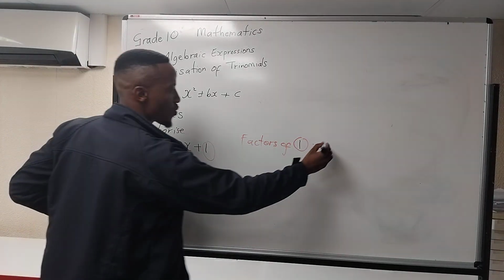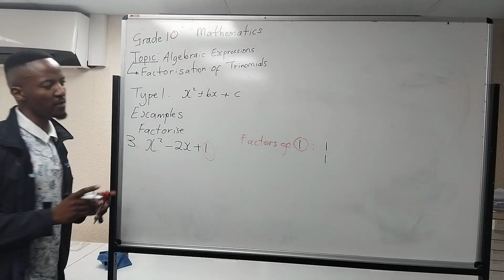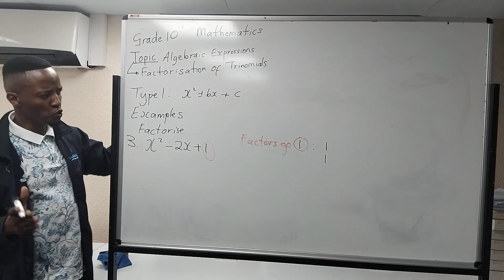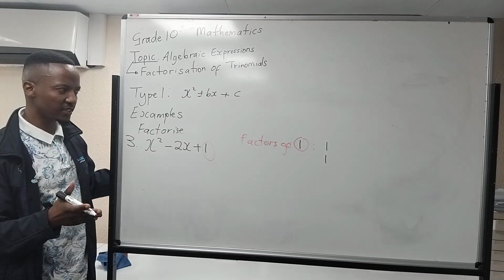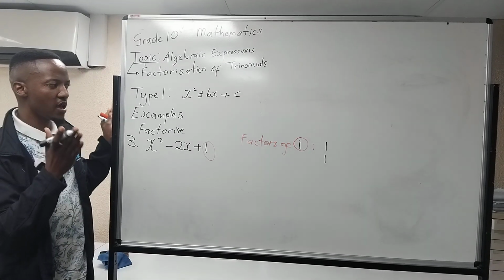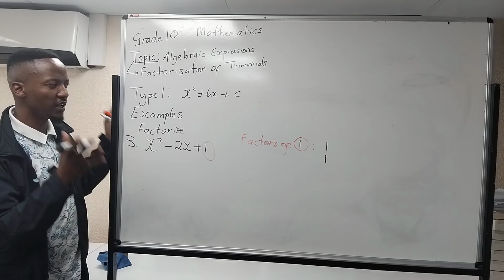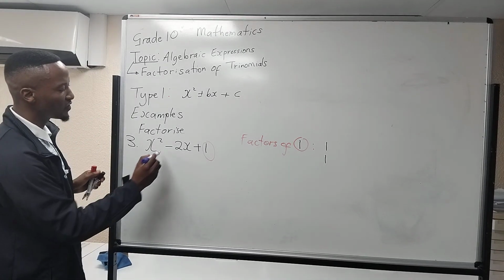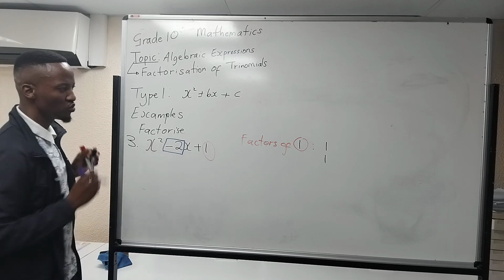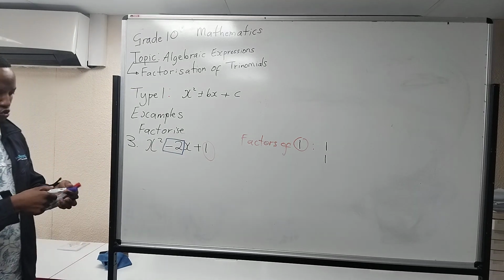We have 1 and 1. Step 2, after finding the factors, we have to select the factors and the signs that will give the coefficient of the middle term. The coefficient of the middle term is -2. So we continue with step number 2.